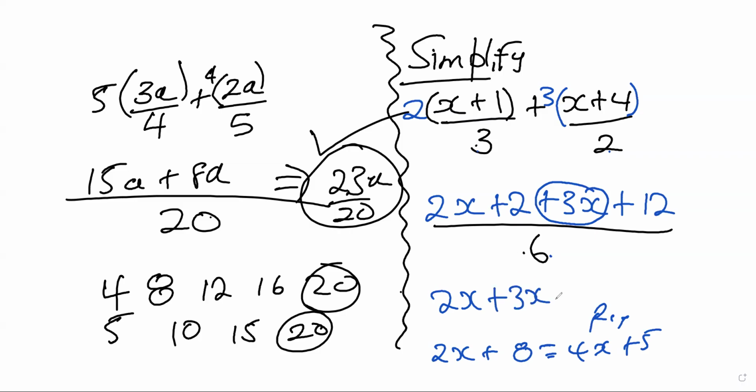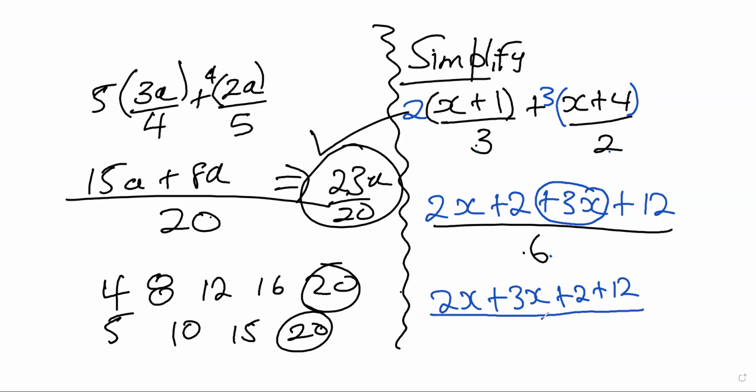So positive 2, positive 12. All we did was group the like terms. We group them because they're alike. So we group our x's, and then we put our whole numbers together. So we put our 6, and we can add these 2 and 3, 5.